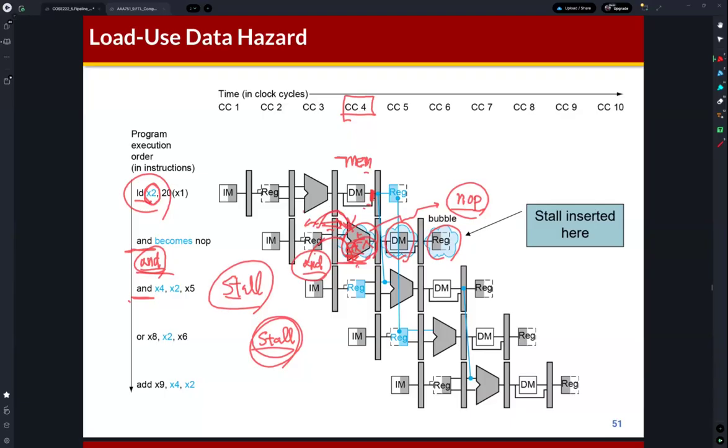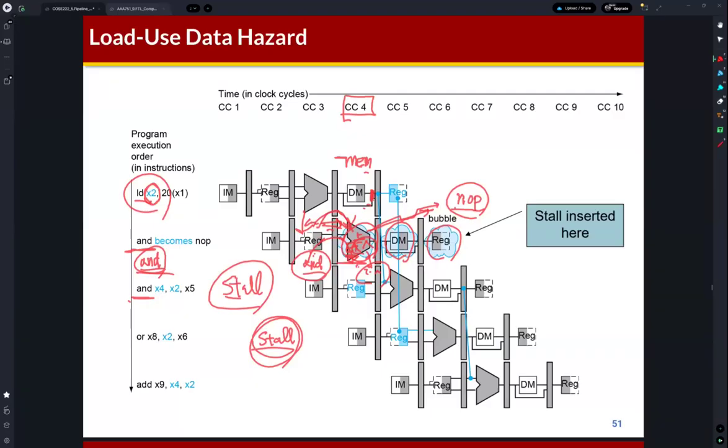It needs to stay in the ID stage. Then what will happen in the EX stage? The EX stage will do nothing.